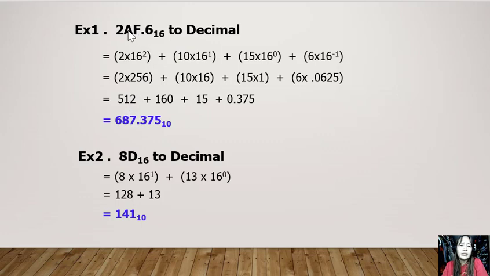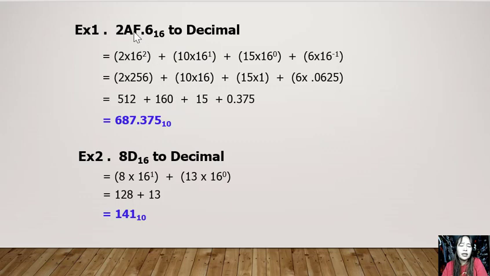The next value is A. A is equivalent to 10. So times 16 to the power of 1, because this is in position 1 starting from letter F. F is in position 0. So 16 to the power of 1 is 16 times 10, 160.